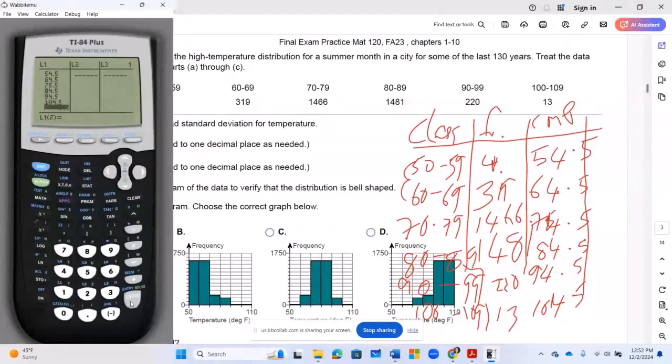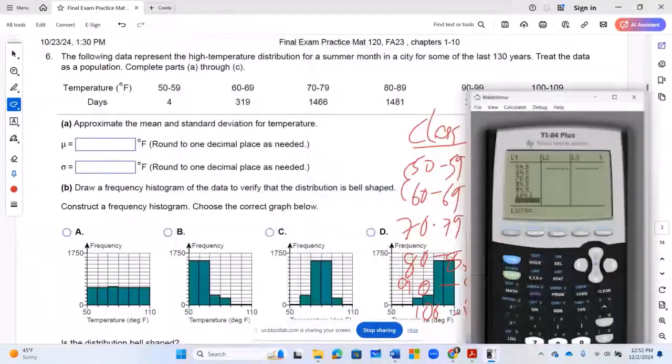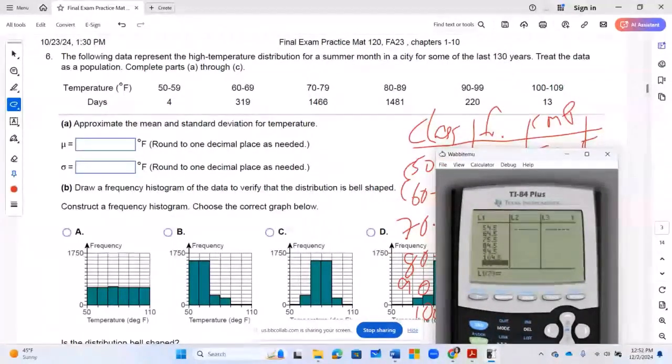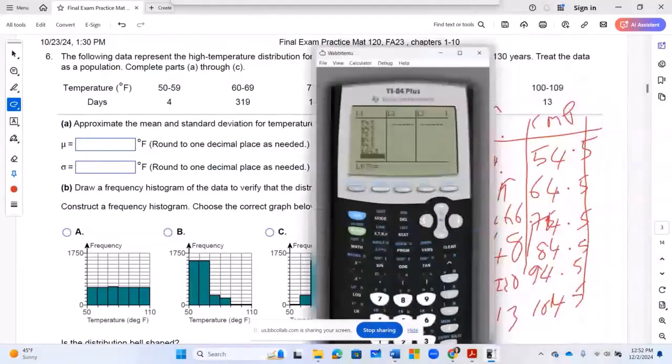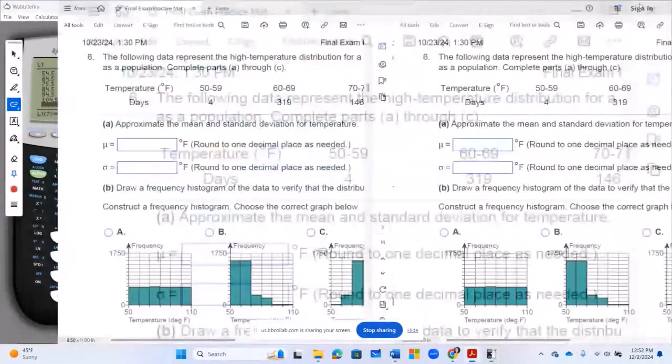Well, to be on the safe side, you want to ask yourself, by the way, how many classes am I given? 1, 2, 3, 4, 5, 6. So I am given 6 classes, so I should have 6 class midpoints.